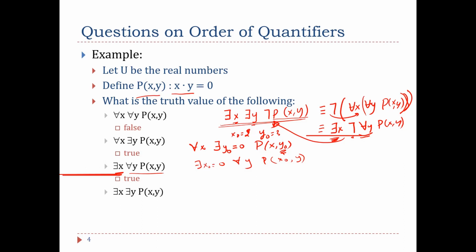What about the last format? You can find a certain x and a certain y such that their product is equal to 0. Well, absolutely. You can consider x and y both equal to 0, or x equal to 0 and y equal to anything you want, or vice versa. So it's really easy to show this.